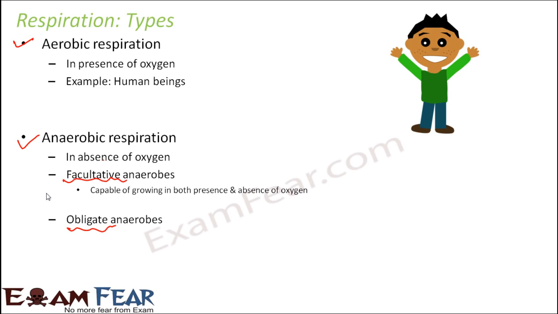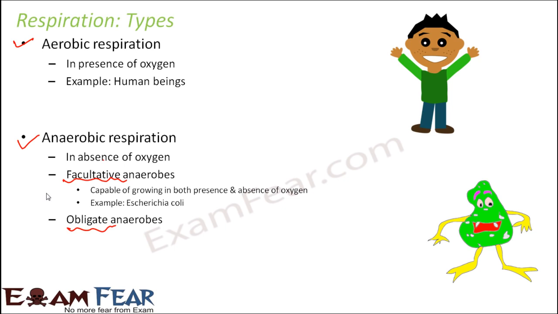But if they are kept under anaerobic conditions, they will develop rapidly when compared to aerobic condition. So in absence of oxygen, they grow better than in presence of oxygen. An example of facultative anaerobes is a bacteria called E. coli, Escherichia coli, which you would have often heard of causing problems inside your intestine. So E. coli is known for that.